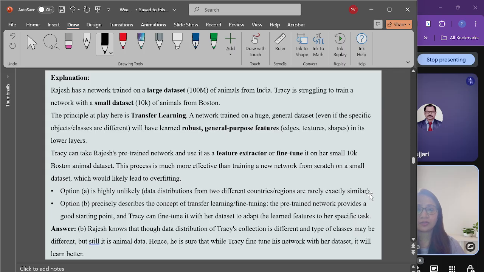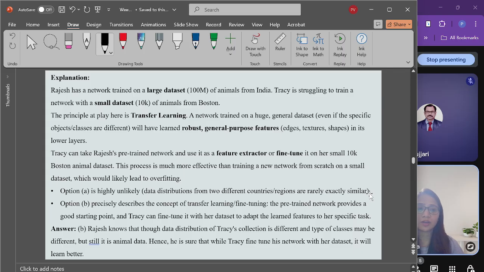A network that has been trained on a huge, general dataset, even if the specific objects or classes are different, will have learned robust general purpose features, that is edges, textures, shapes in its lower layers. Already it has learned better because it was trained on a very large dataset.